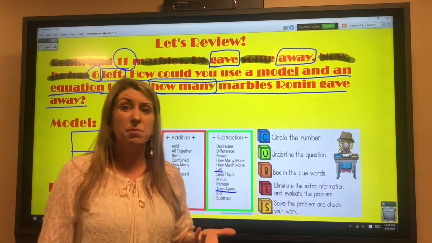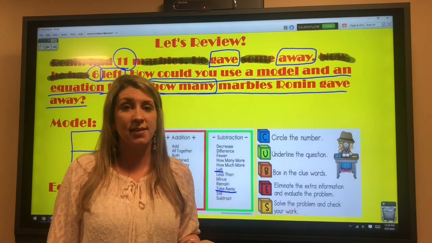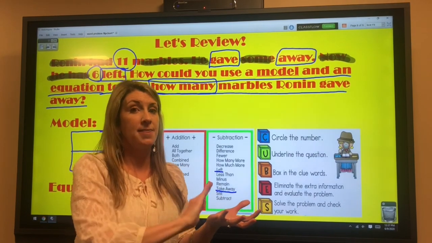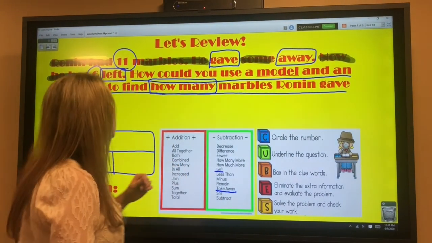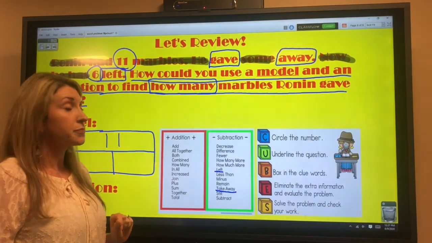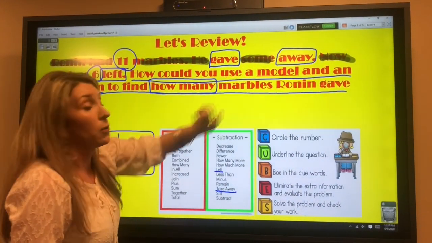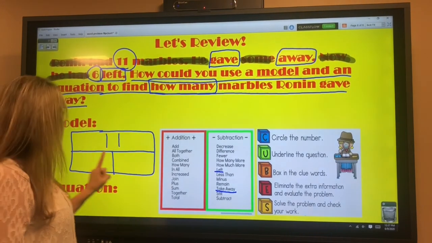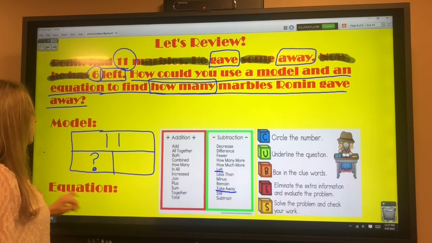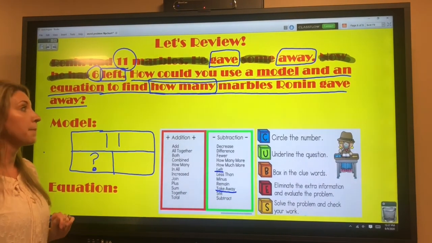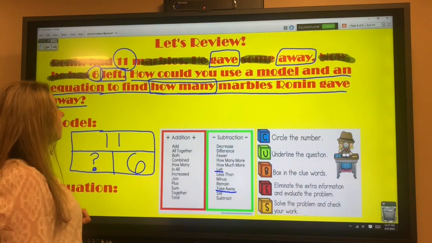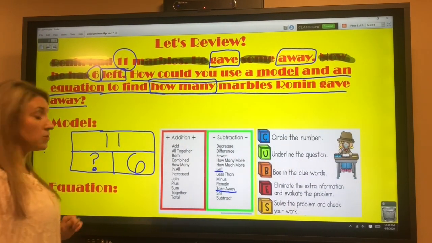If you said that we would be subtracting, you're right, because you started off with your whole. You start off with 11, but then you're giving some away. So we're going to put 11 in our whole. We don't know what Ronan gave away. So here in my first part, I'm going to put a question mark, because that shows me what Ronan gave away. Now there are 6 marbles left. So our 6 goes in our other part.